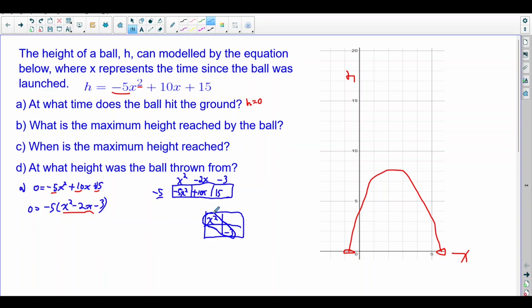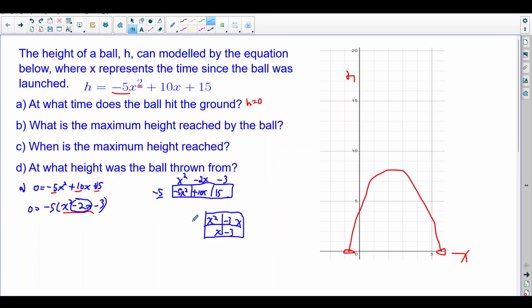So this diagonal here is negative 3x squared, which means that the other diagonal also needs to be negative 3x squared, but they have to add to negative 2x. So obviously there's an x in each of them. The only things that multiply to 3 are 1 and 3, and we need a sum of negative 2, which means that this will be a negative 3, and this will be a positive 1.